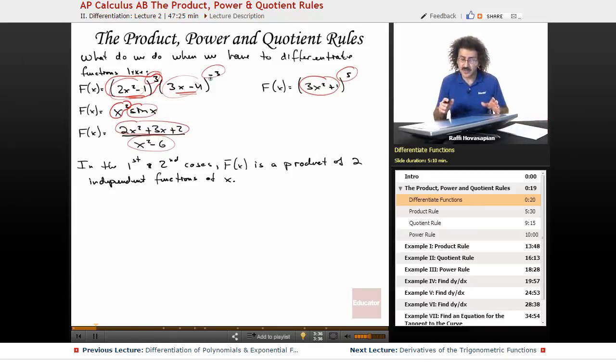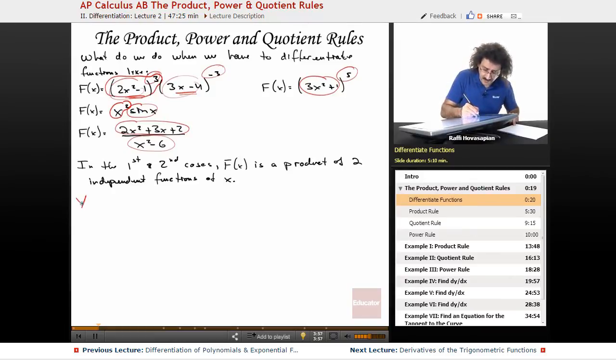Now, you might think to yourself, well, if f is the product of two functions, if I take the derivative of f, isn't it just the product of the derivatives? In other words, why can't I just take the derivative of x squared multiplied by the derivative of sine x? Turns out that that's actually not how it happens. So let me write this down.